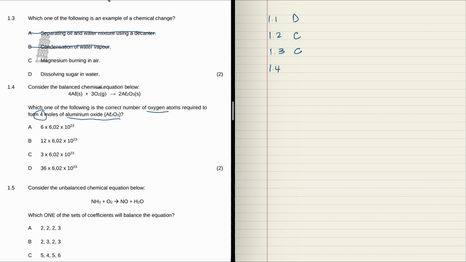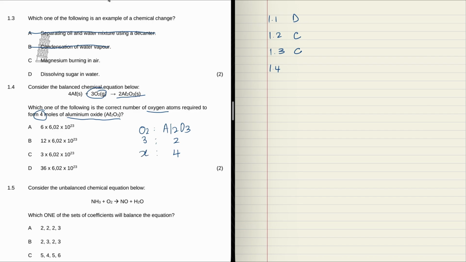They are asking us about oxygen and we have 4 moles of aluminium oxide. So the ratio here for O2 to Al2O3 is 3 to 2. Now they've told us that we have 4 moles of aluminium oxide. So here I'm going to put 4 and here I'm going to put X.